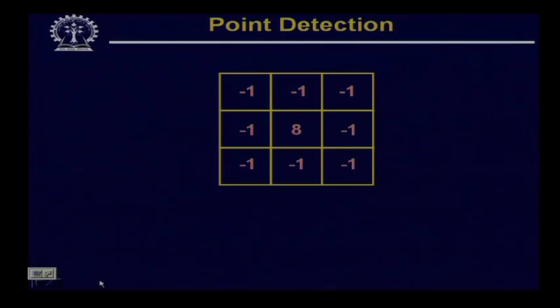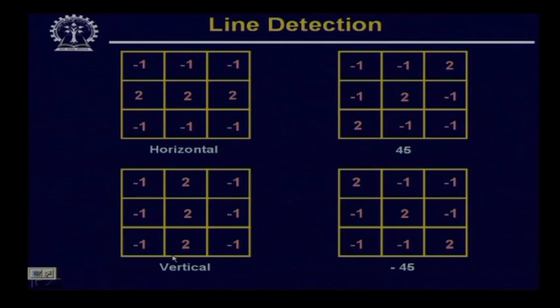Similarly, for detection of lines, the mask can be something like this. Here, for detection of horizontal lines, you have used a mask where the middle row has all values equal to 1 and the top row and the bottom row have all coefficient values equal to -1. By moving this mask over the entire image, it detects all those points which lie on a horizontal line.